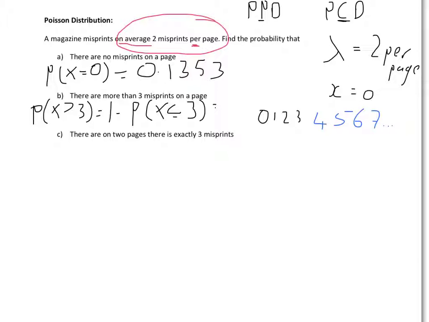Okay, so you're going to look up 3. So that's going to be 1 minus 0.1804. Take that back. That's the most common mistake that people make. That number's come from using PPD. You need to be in PCD.